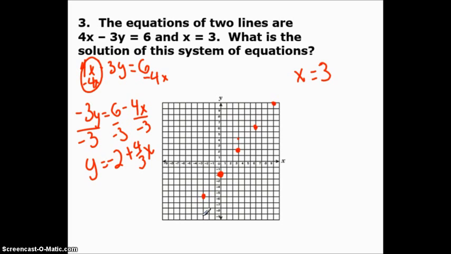And x equals 3 is the vertical line through the x-axis at 3. So our point of intersection is here at 3, 1, 2. So 3, 2.